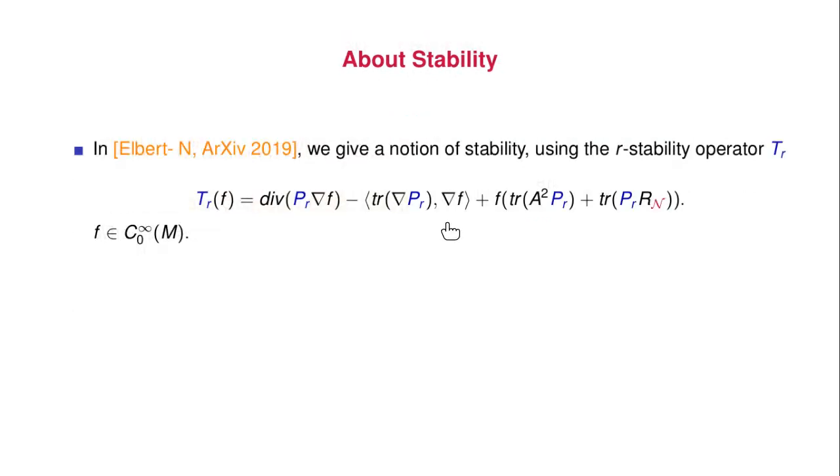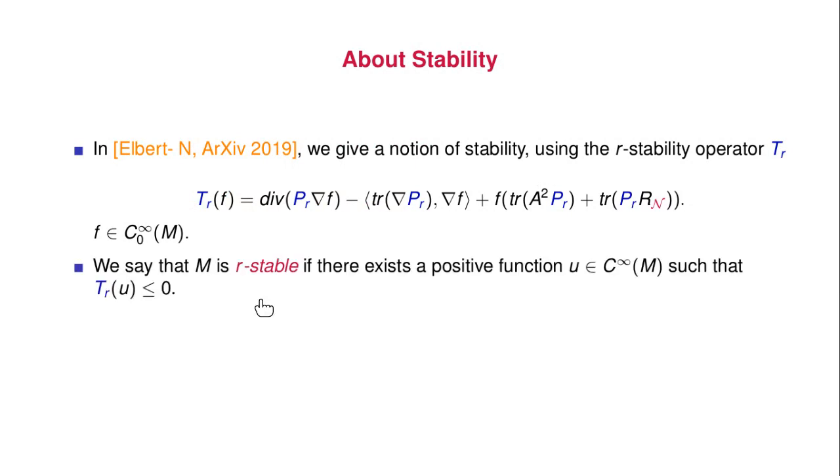So we gave a notion of stability using this operator, which one usually calls the stability operator, and you can say that M is r-stable if there exists a positive function u such that T_r of u is less than or equal to 0.